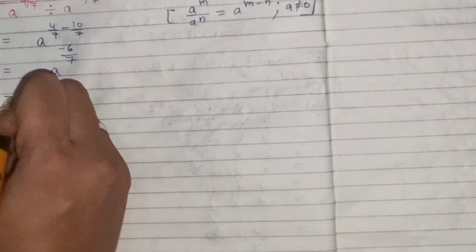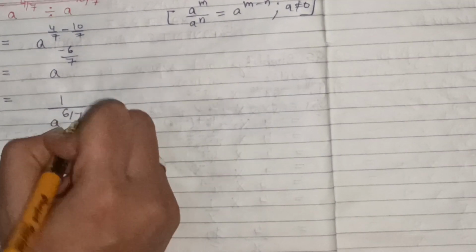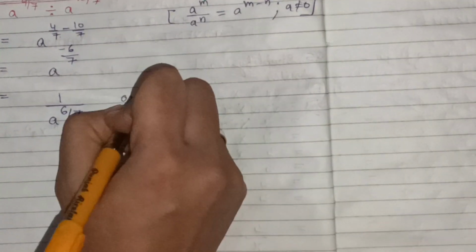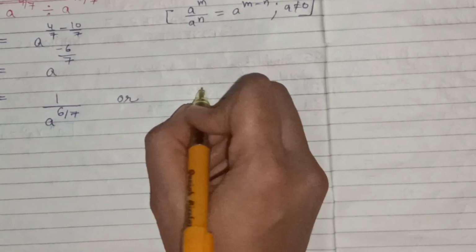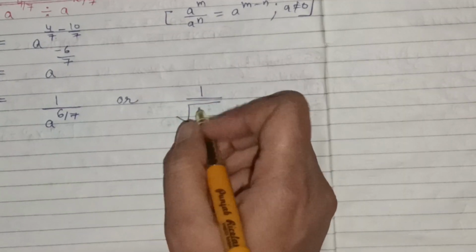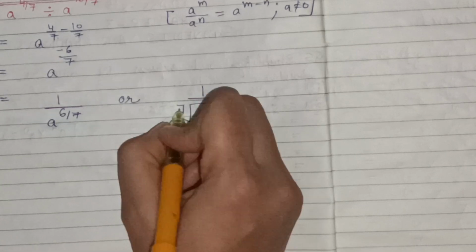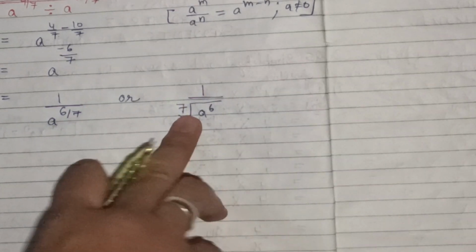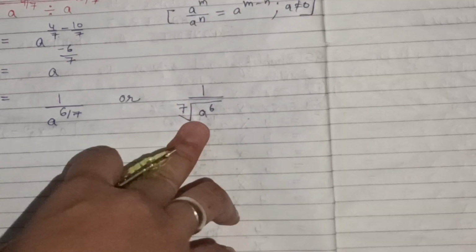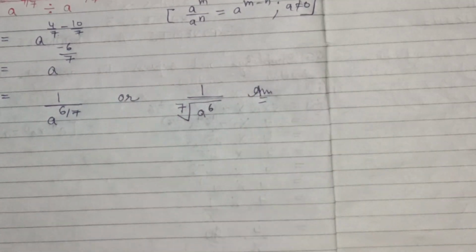So I write it as 1 upon a raised to power 6 divided by 7, or we can write it as 1 upon a raised to power 6 and this is our 7th root. So this is our answer of this question.